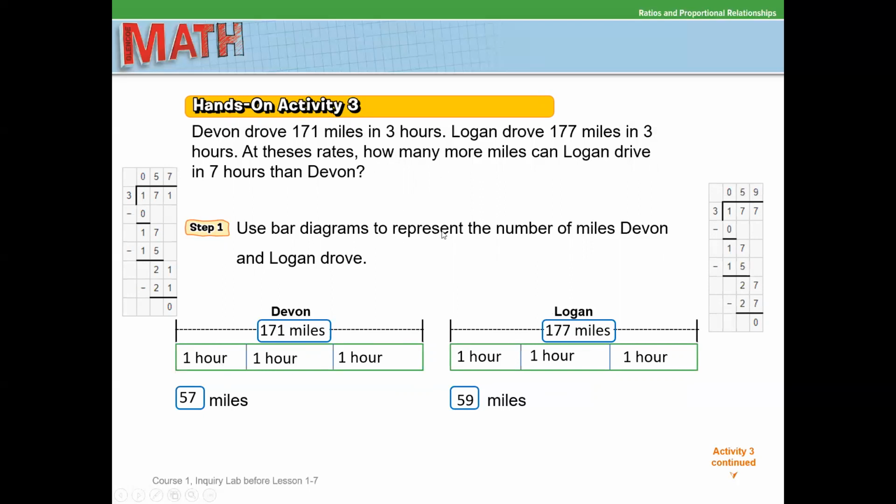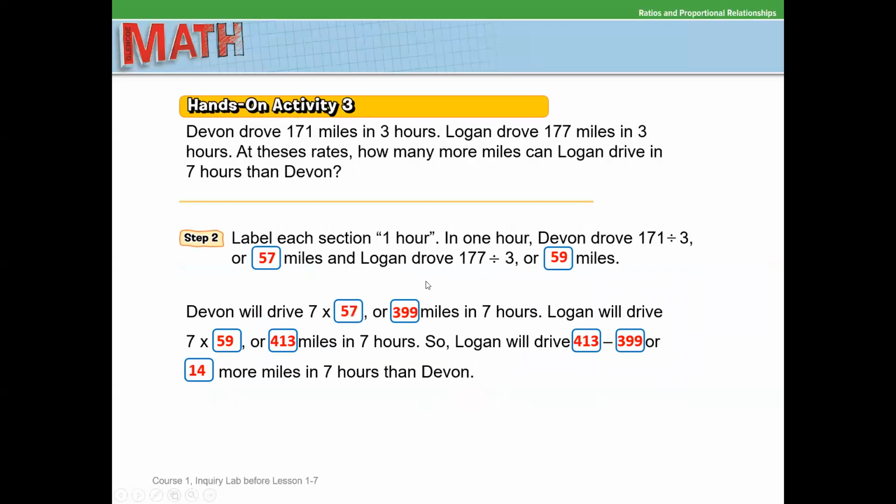So the question is, how many more miles can Logan drive in 7 hours than Devin? So each section is worth 57 miles. Logan drove 177 divided by 3, or 59 miles. Devin will drive 7 times 57, or 399 miles in 7 hours.